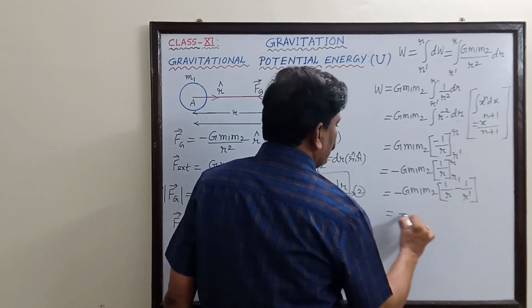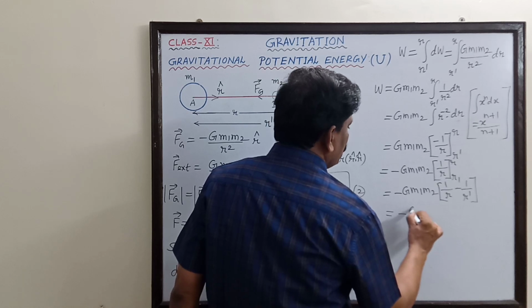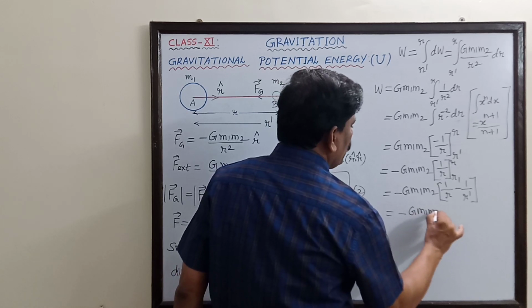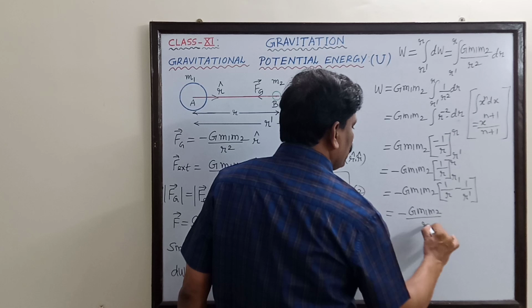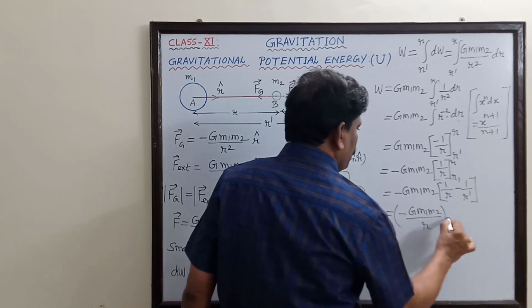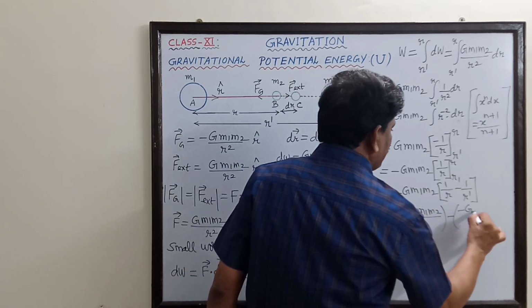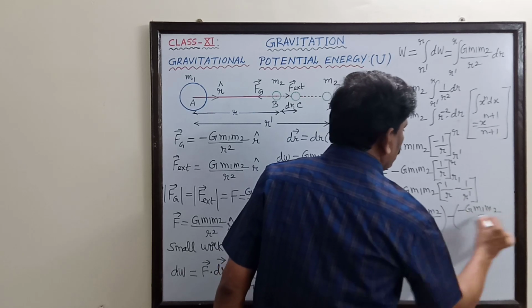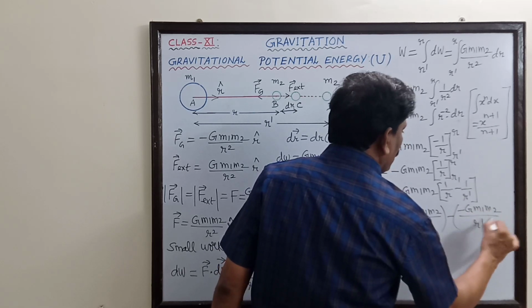So this is now equal to minus G M1 M2 by R minus G M1 M2 divided by R dash.